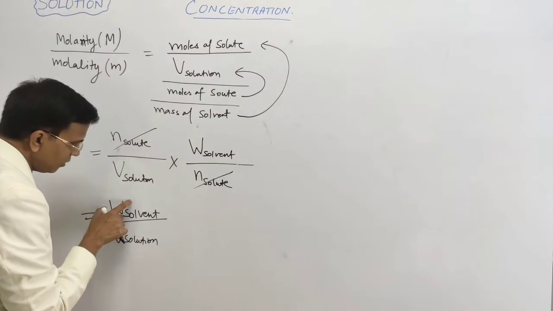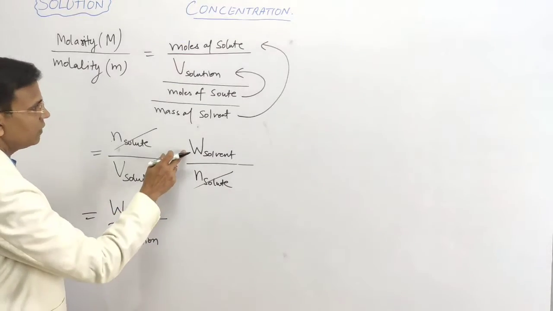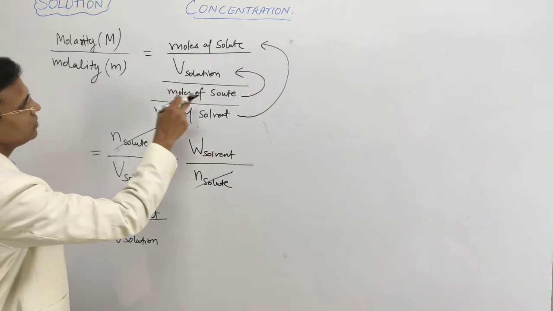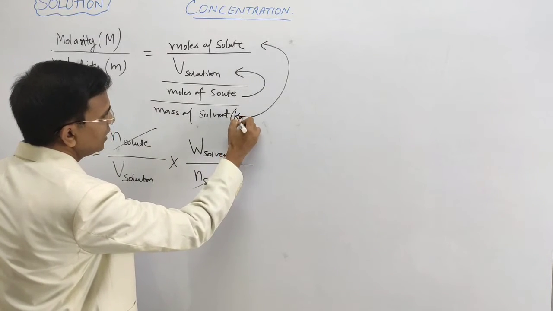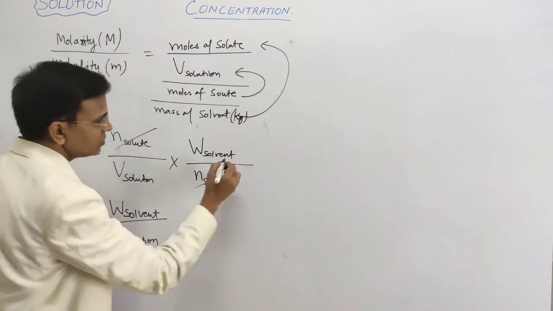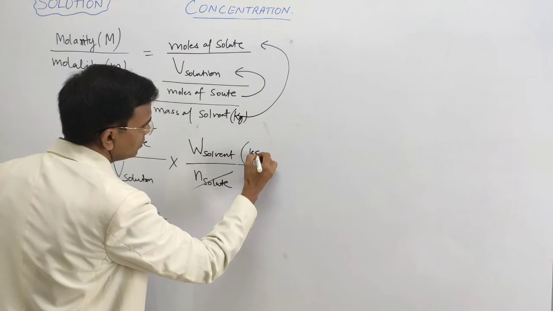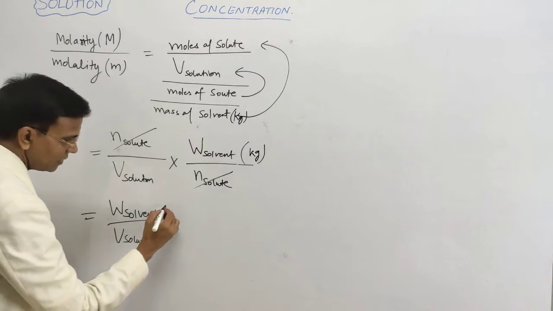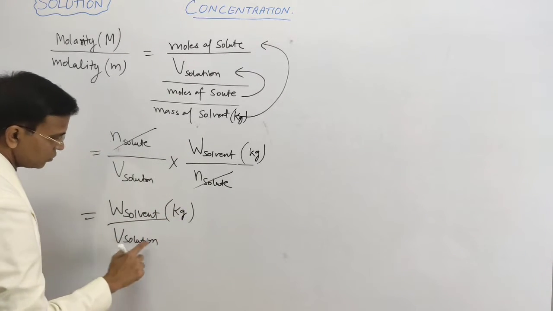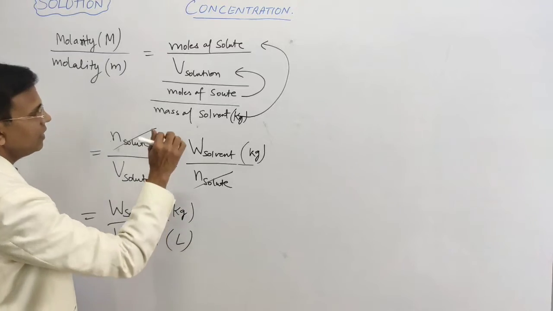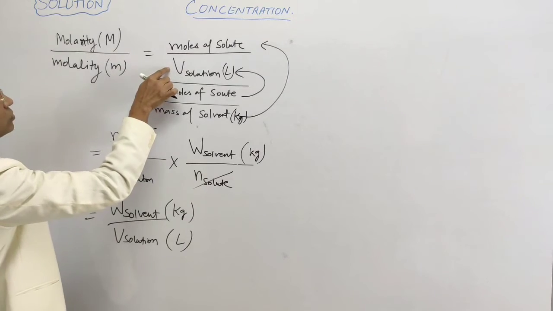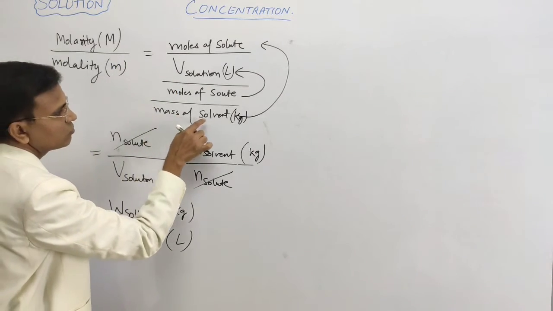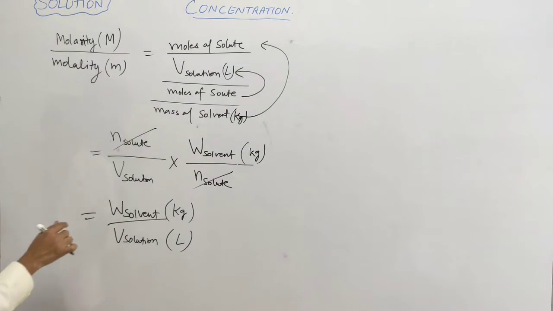The weight of solvent is in kg because it is molality, and volume of solution is in liters because it is molarity. So here mass of solvent upon volume of solution comes.